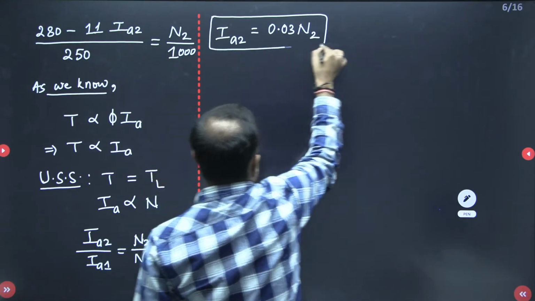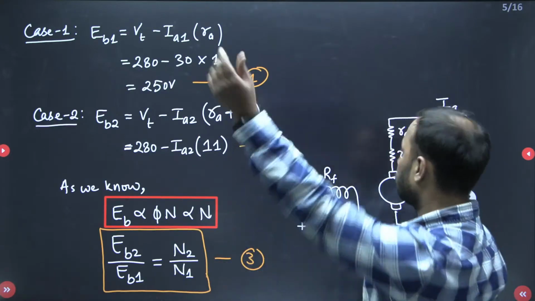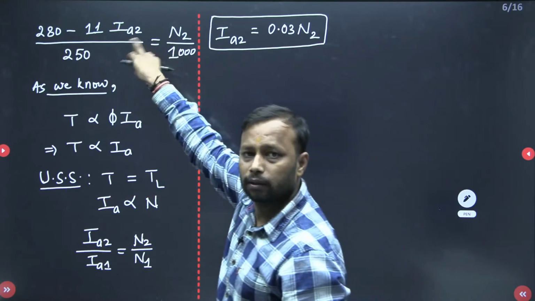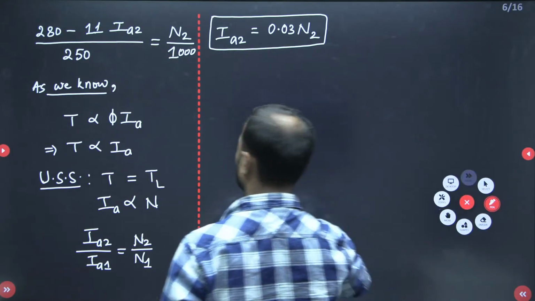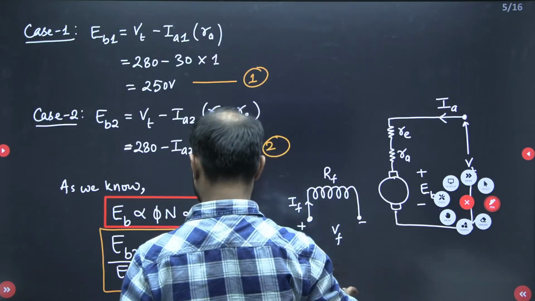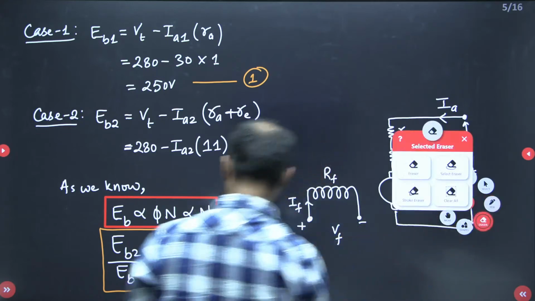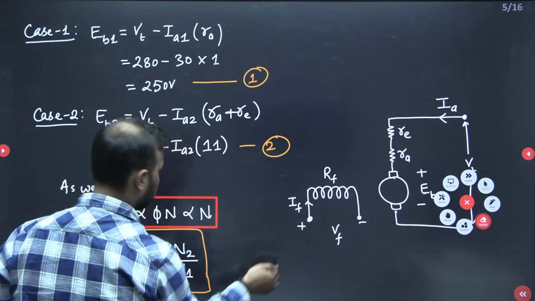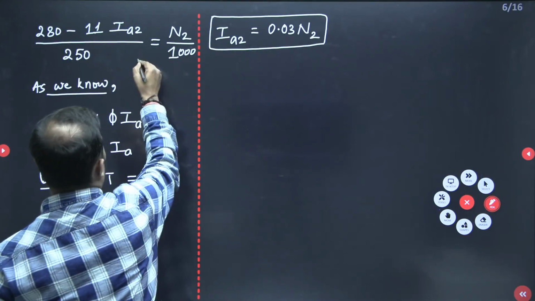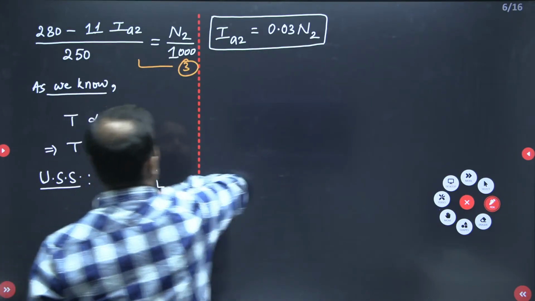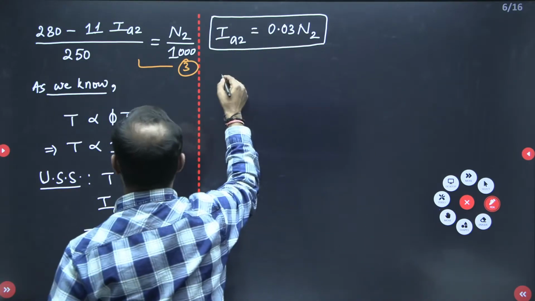Now substitute this IA2 in equation 3 and see what value we get.